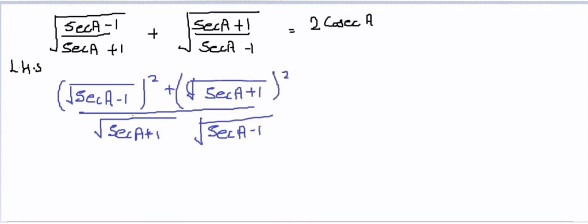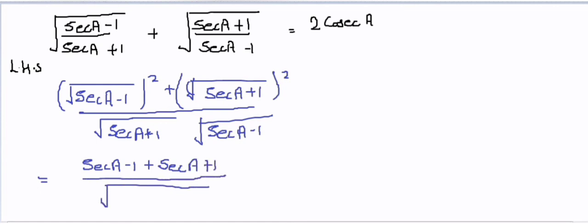So square cancels out with under root, and here a plus b into a minus b formula I can use. So here I will have sec A minus 1 plus sec A plus 1, and in denominator I will have under root sec square A minus 1 by using the formula of a plus b into a minus b.